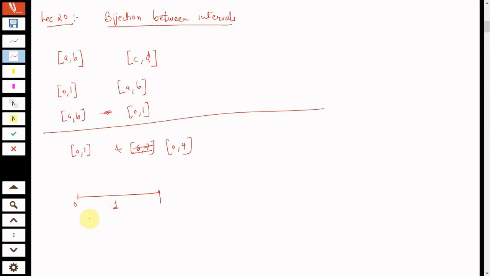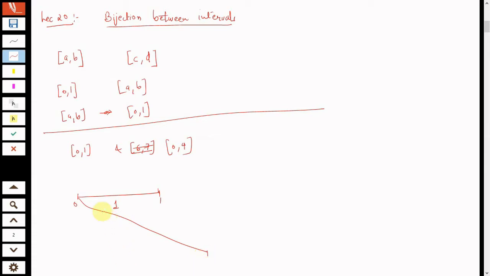What I'll do is stretch this rubber string from the positive side so that it stretches to 4 times the length of the given interval. Since it's a rubber string, it's very possible to do that.